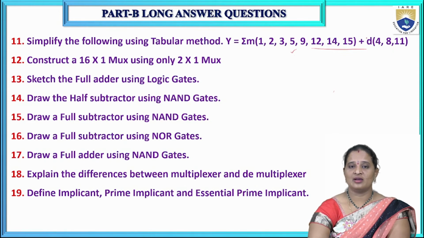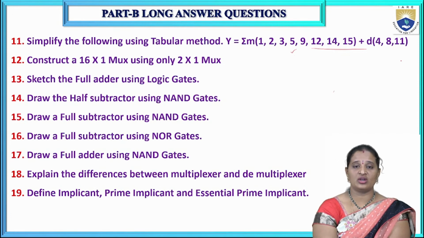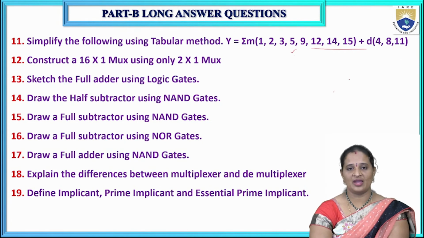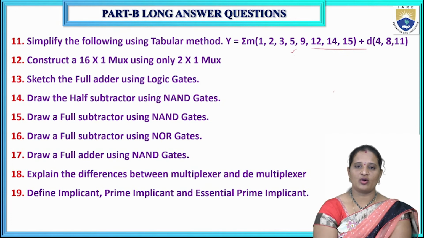But while constructing a prime implicant chart, we should not consider the don't cares, because don't cares are not needed to be covered by any group. So that is why no need to cover them while forming a prime implicant chart. Keep that point in mind and go according to the Quine-McCluskey algorithm to simplify this function.